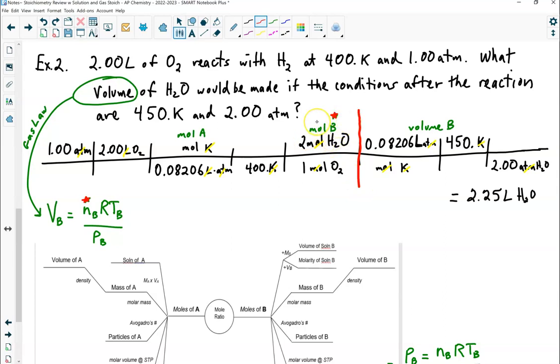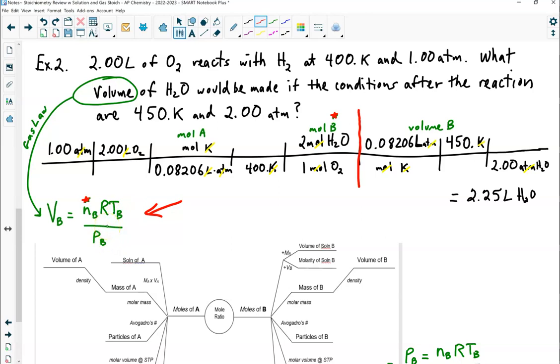But I want to know the volume of the water vapor. And so I'm going to use the ideal gas equation and solve it for the volume of my water vapor. The volume is going to be the moles of that water vapor, which we know right now because these first 5 blocks will get me the moles of water vapor, the little red star there, okay? And then volume is the moles times R times the temperature of that gas over its pressure.